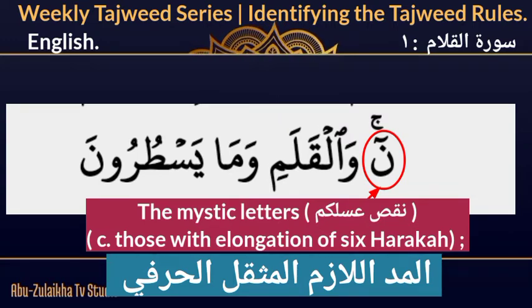But I'll give other examples so that we can understand it better. So if the last letter, that is the third letter in the name of the mystic letter, happens to be assimilated into the first letter of the adjacent mystic letter, you understand it now. So for example, let's look into Surah Al-Baqarah.